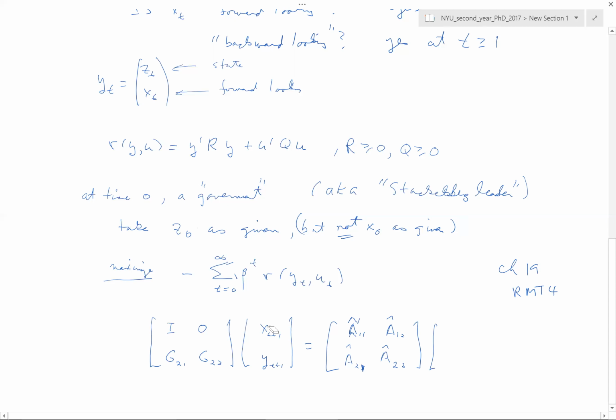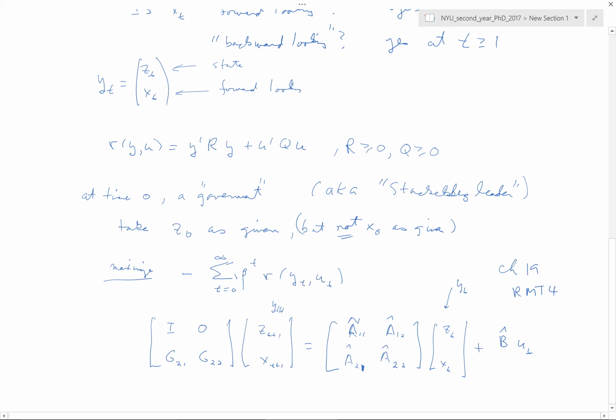Okay, and then, by the way, this is a mistake, obviously. Z(t+1), X(t+1), Z(t), X(t). This is Y(t). This is Y(t+1). Good, now we're going. Plus B hat U(t).